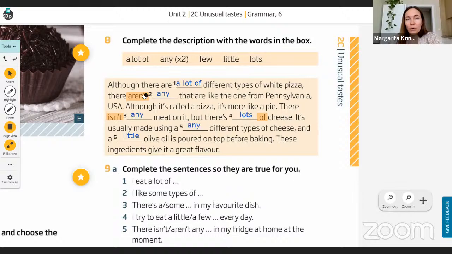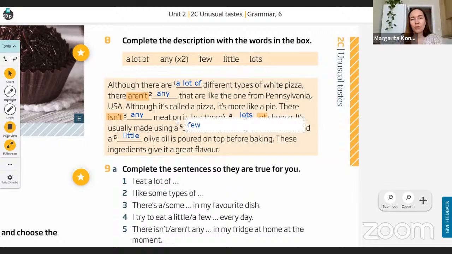Okay, почти. Tell me, please, types, is it countable or uncountable? Countable, okay. And we said little we use with uncountable, and what do we use for countable? Few, okay.